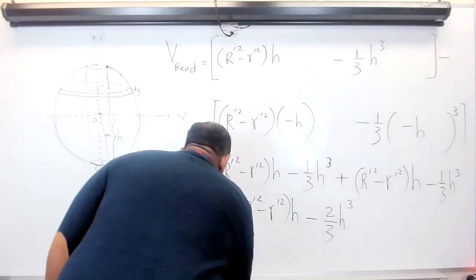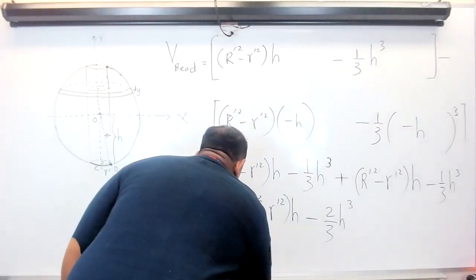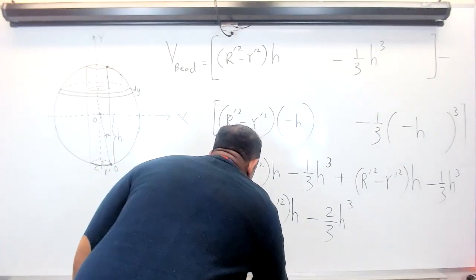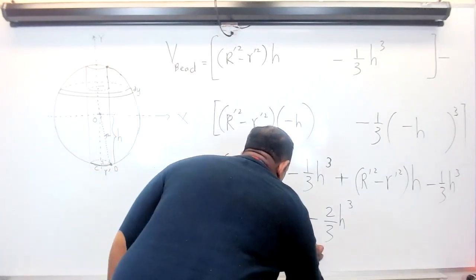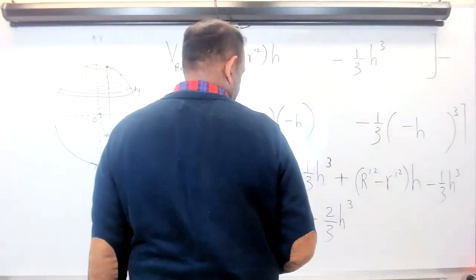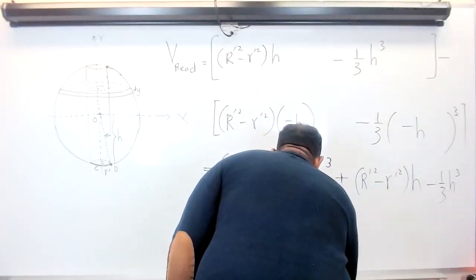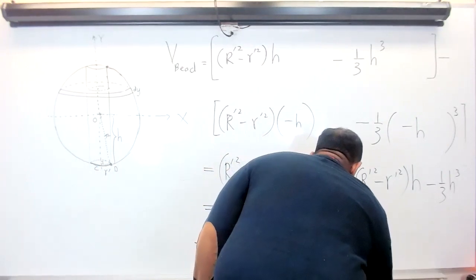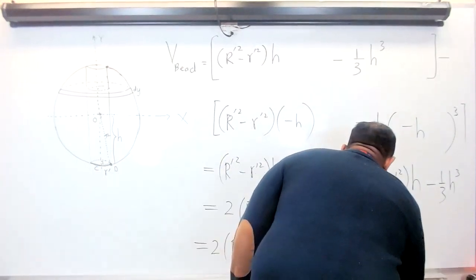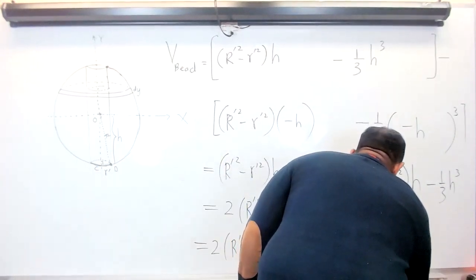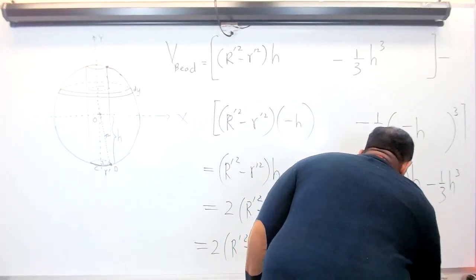So this one, then you plug in, r prime squared minus r squared, square root, H means r prime squared minus r prime squared, minus 2/3 h cubed, r prime squared minus simple r squared, whole thing cubed.